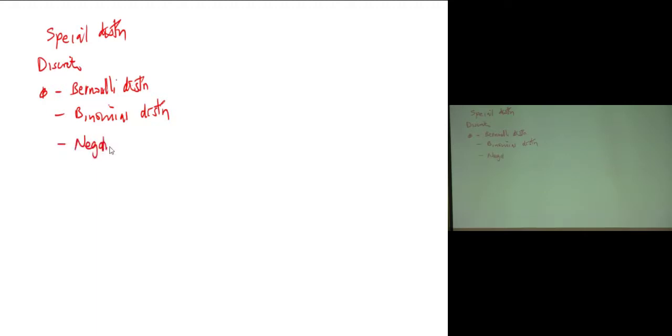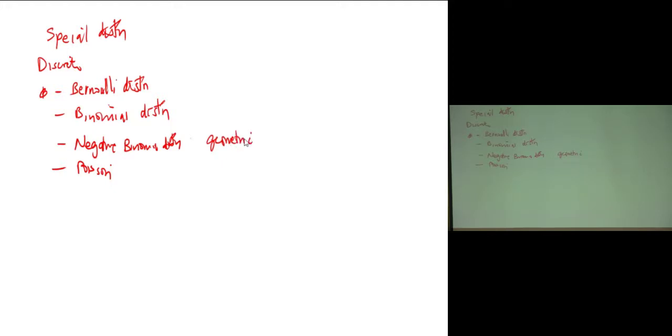Negative binomial, we discussed that, right? Negative binomial. Poisson. And a special case of the negative binomial is the geometric distribution.